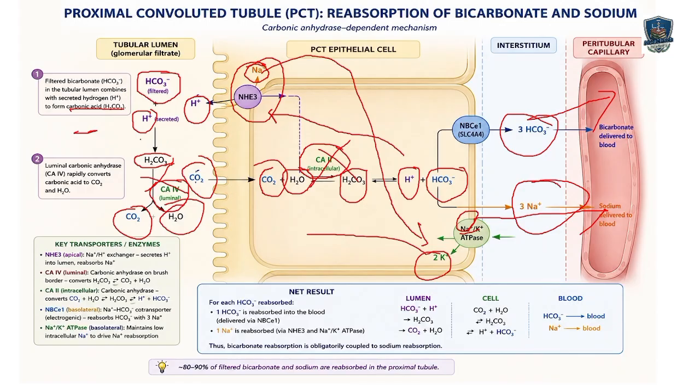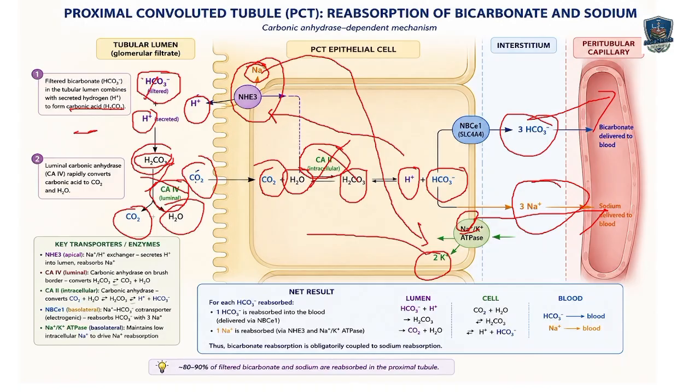One thing that you have to note is that for sodium reabsorption to happen, we need hydrogen ion. And also for bicarbonate ion to be absorbed, we need hydrogen ion. So if this process is stopped, it means bicarbonate ion will be released in urine.